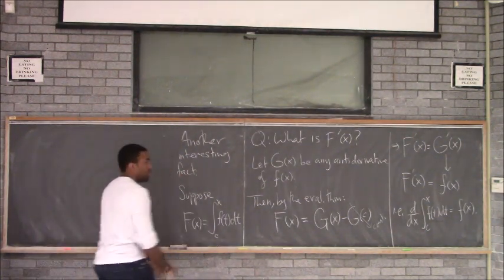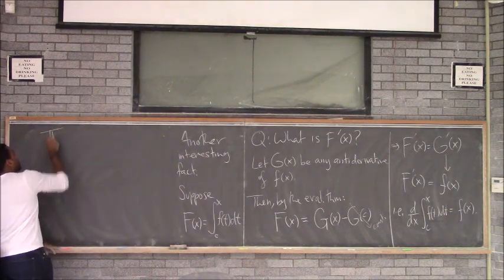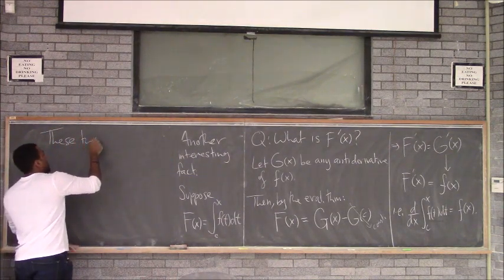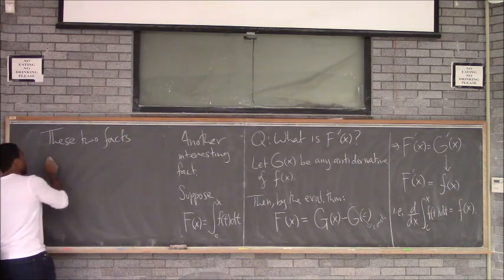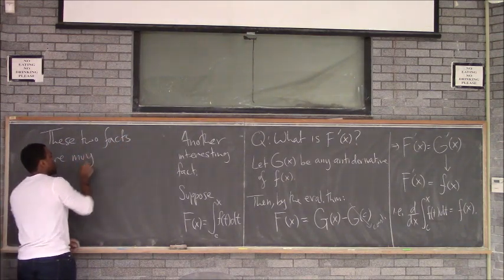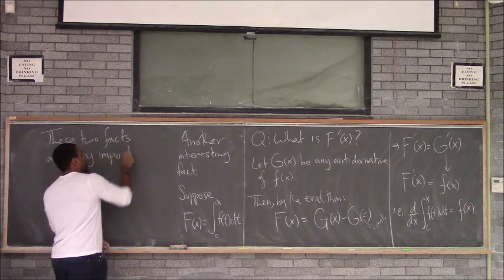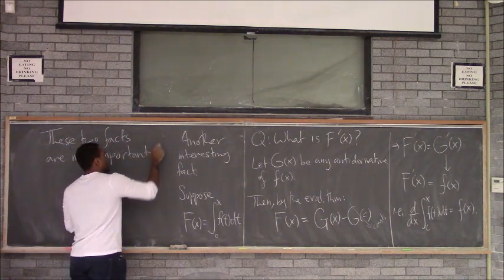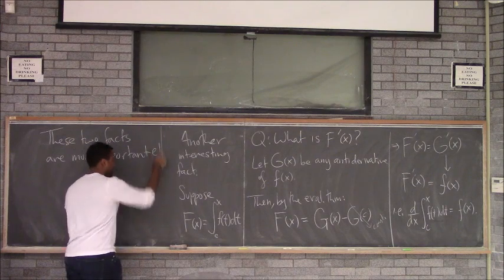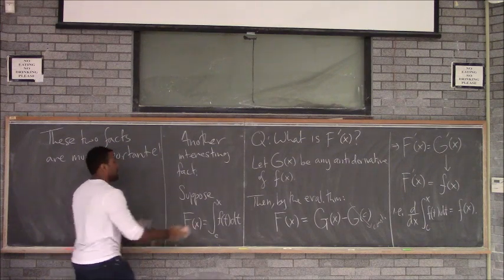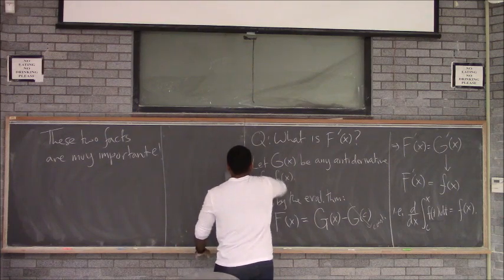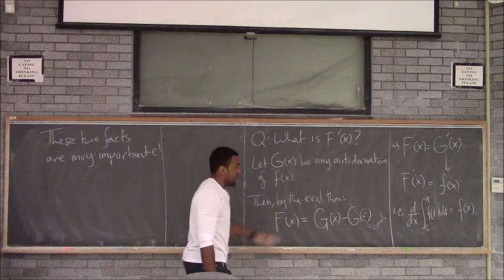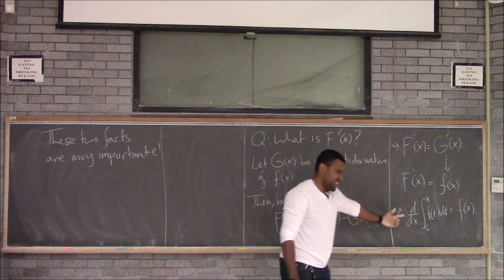Now, these two facts are very important. Muy importante. Is that how you spell that? If it's spelled incorrectly, that's good, because I want it to stick out in your mind that these two statements that I just made, the evaluation theorem and this particular statement, are very important.